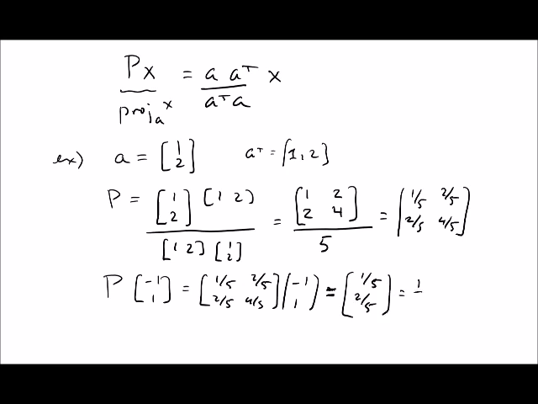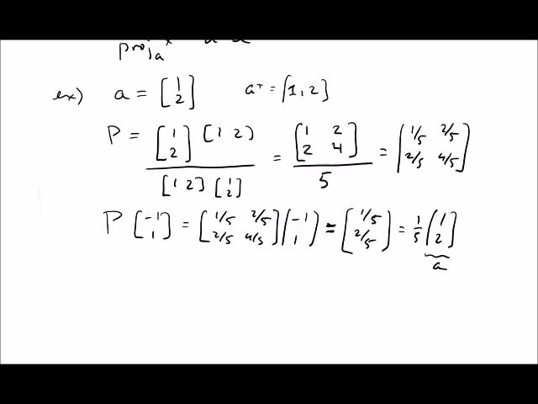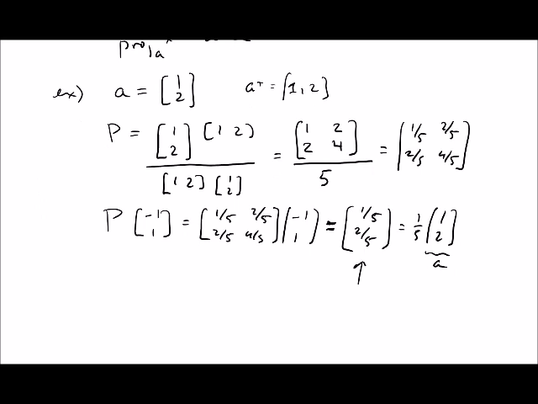So I get 1/5 of 1, 2. So of course I'm getting a multiple of A because I'm projecting on A, but what that gives me really is the projection of the vector minus 1, 1 onto the vector A.